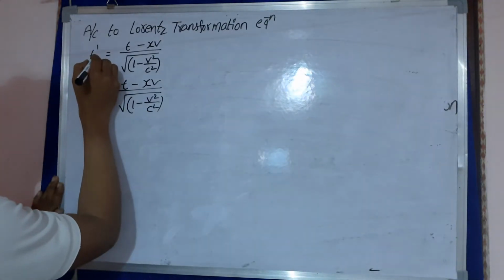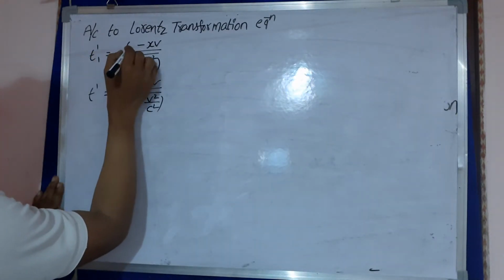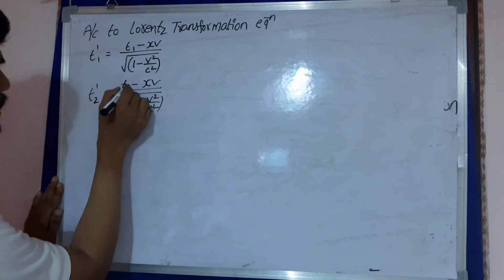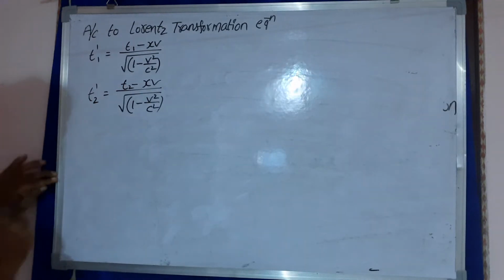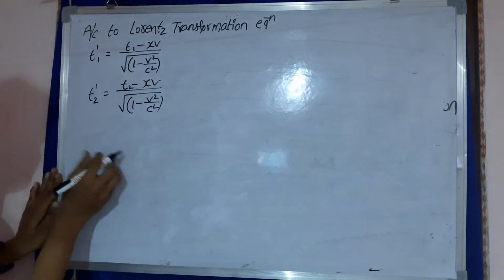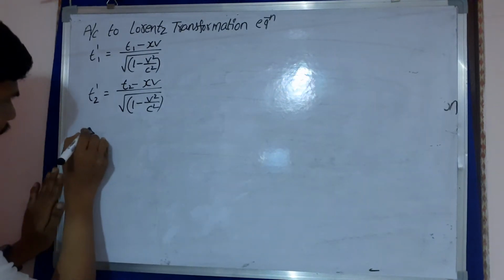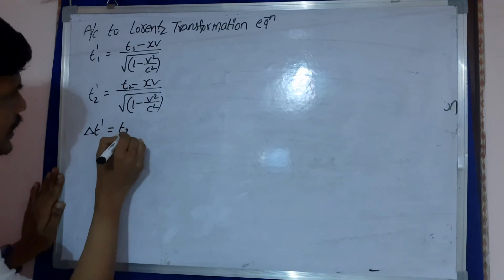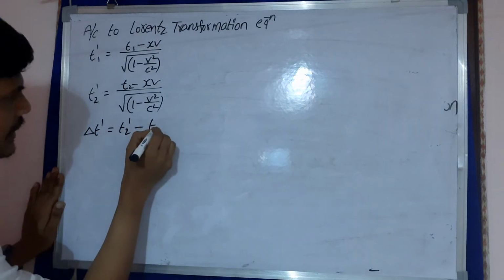So time t1 dash corresponds to t1, and t2 dash to t2. In the S dash frame, the interval of time delta t dash equals t2 dash minus t1 dash.